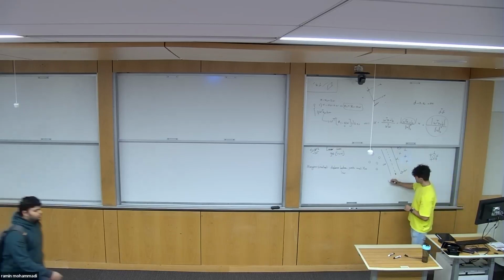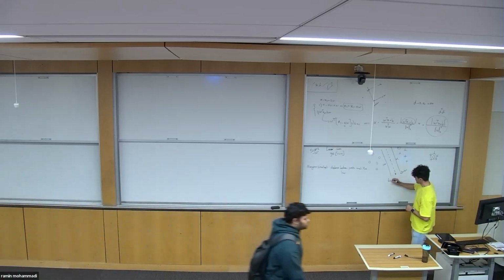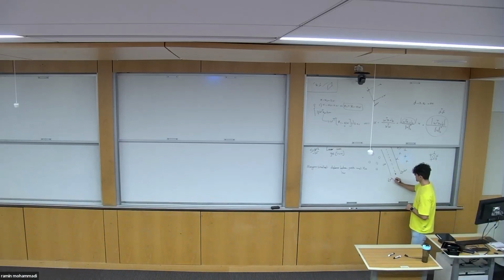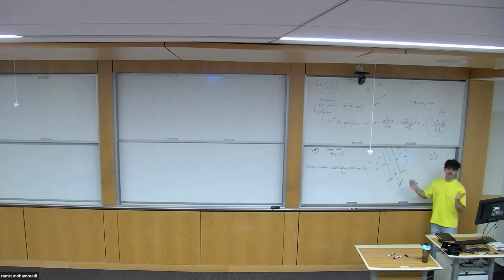And then here we have W_-1 transpose X plus B_-1 equals 0. So we have two lines, one for class 1, one for class minus 1. And then the line in the center, we're going to call it W_p transpose X plus B_p equal to 0. It's the median among those two lines, basically.